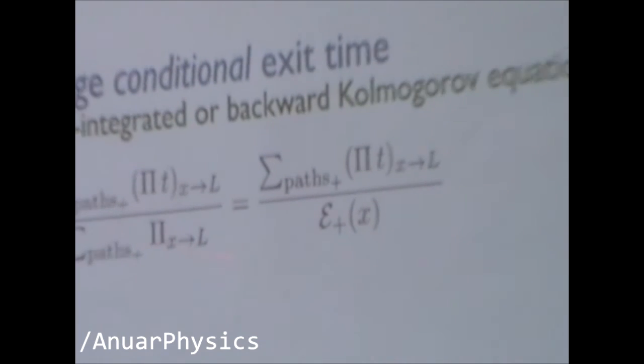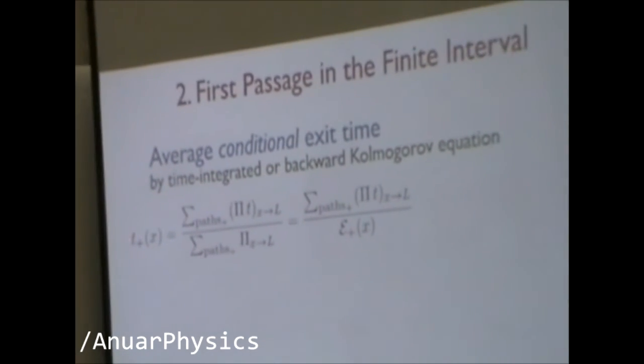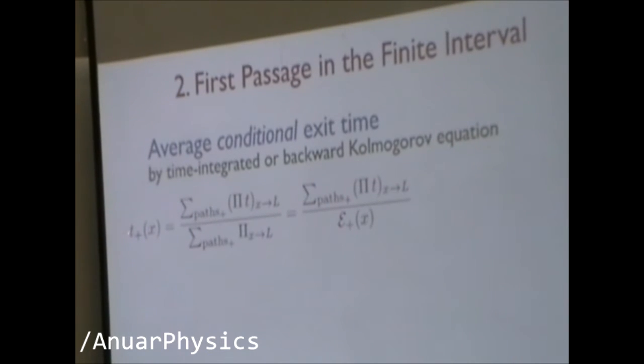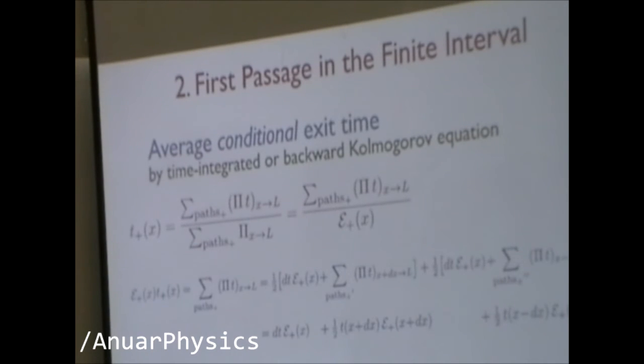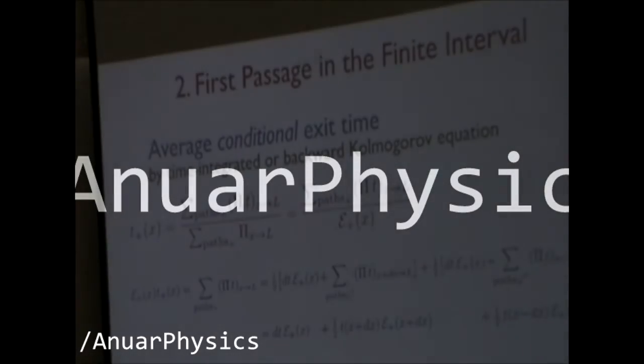This is a little bit preliminary because now I can take this e plus and put it on the left side of the equation. So I get e plus t plus is a sum over all paths. And now we're in a position to apply this decomposition one step in the future, exactly as we did in the previous slide for the unconditional exit time. I've written it in a small font because it doesn't quite fit.